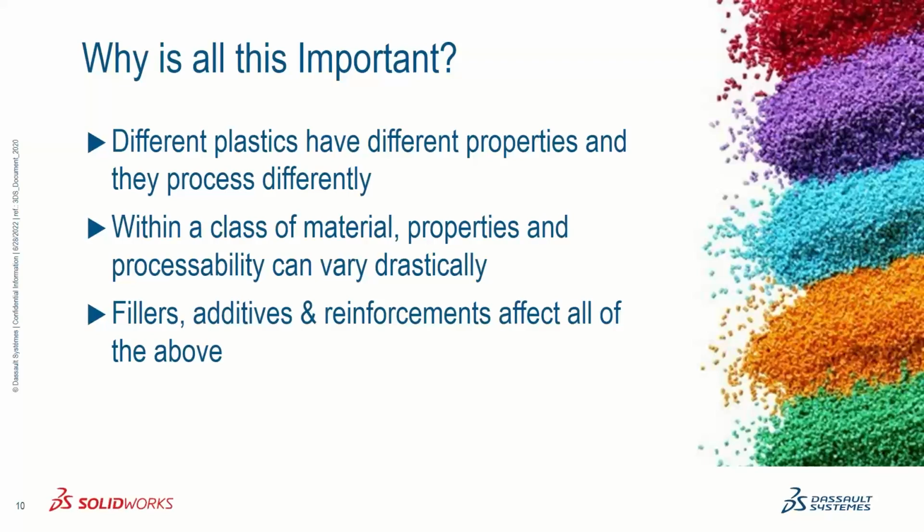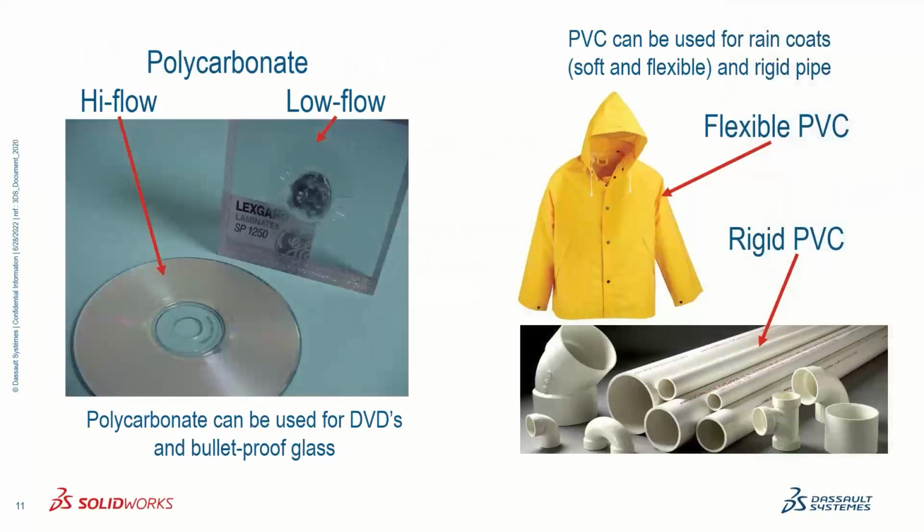So within a class of materials, the properties and processability can vary drastically. And I can give you a couple of examples. On the left-hand side, we have polycarbonate.